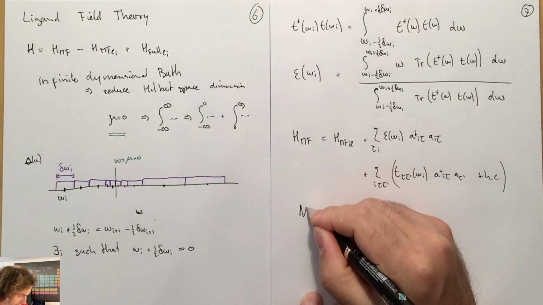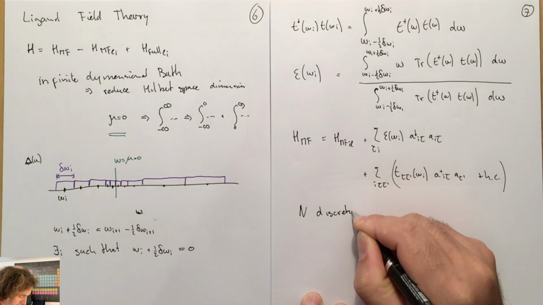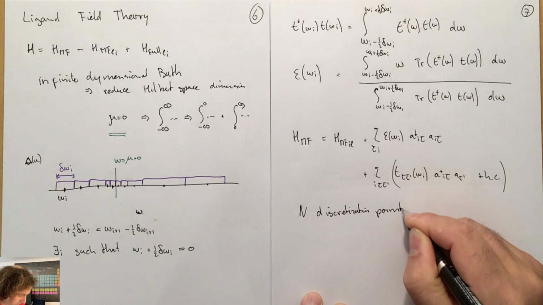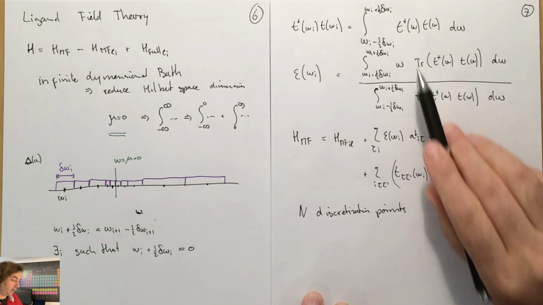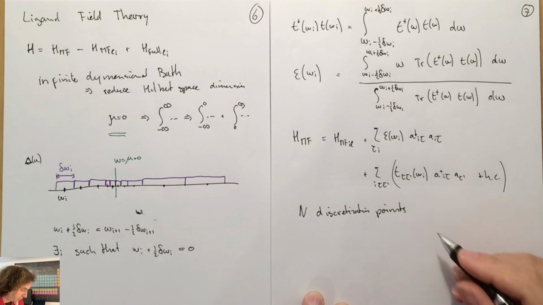Now what we have here is n discretization points. And we discretized the hybridization function, and our hopping is proportional to the square root of our hybridization function.